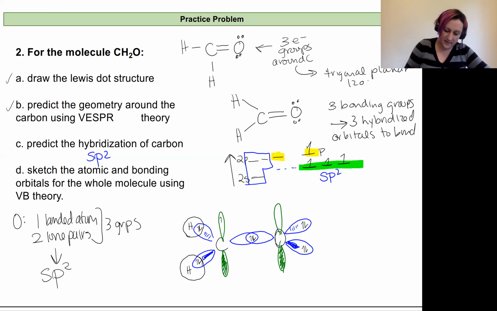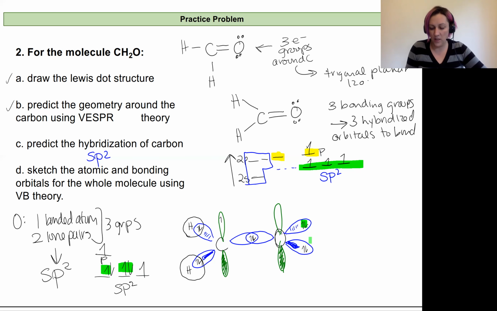If you want to see this written out here like we did before, if I have my sp2 and then my p, my oxygen has 6 electrons. I'll go 1, 2, 3, 4, 5, 6. And so you can see my lone pairs would be these 2 right here, which I place right there. And then I have 1 that's going to be able to form a bond with carbon that's a sigma bond, and another that'll form a bond with carbon that's a pi bond.